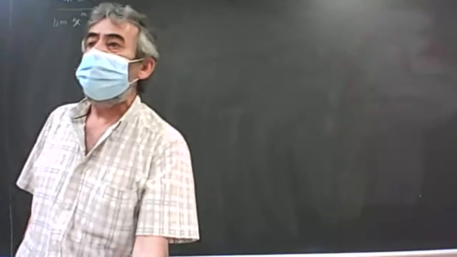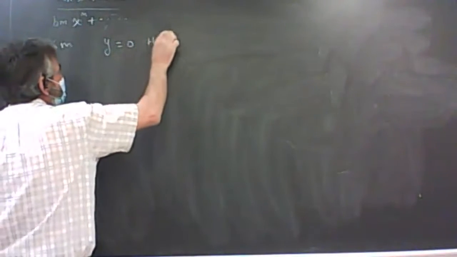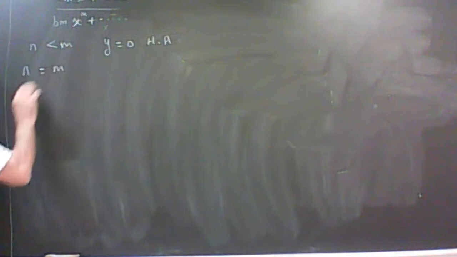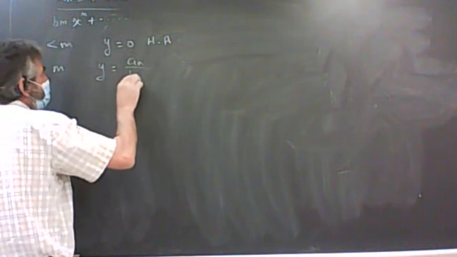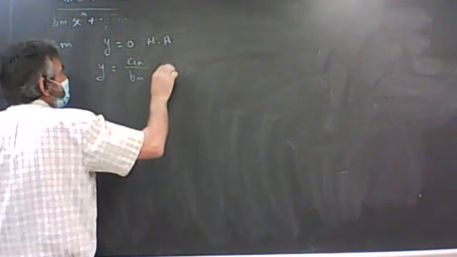And we put in 3 conditions for n and m. We said if n is less than m, then y equals 0 is your horizontal asymptote. Yes? We also said n equal m, then y equals a_n over b_m, that is your horizontal asymptote.